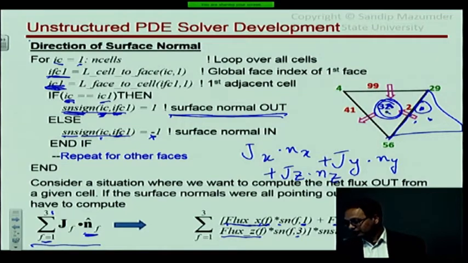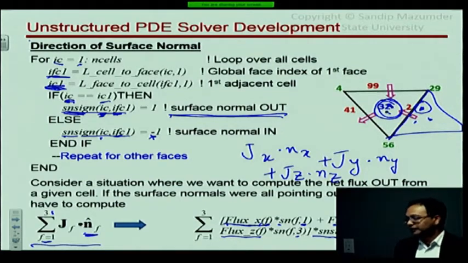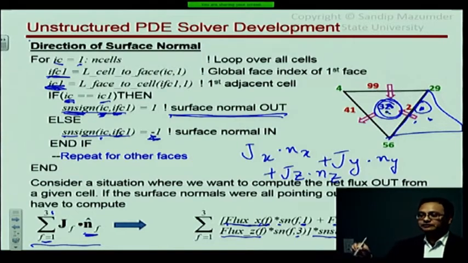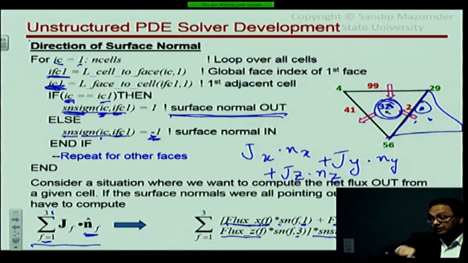Now notice also that the whole thing gets multiplied by this sign. Why? What that sign has done is it has forced the surface normal to flip sign if it was coming in, by assigning this minus sign here. So any surface normal that was actually pointing into the control volume, once I introduce that sign, automatically gets flipped to the other side. So now I'm calculating the divergence with all the surface normals pointing outwards.